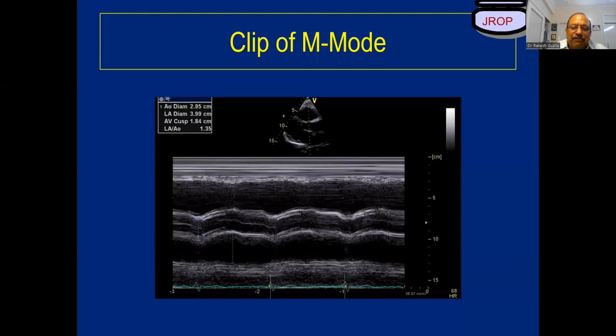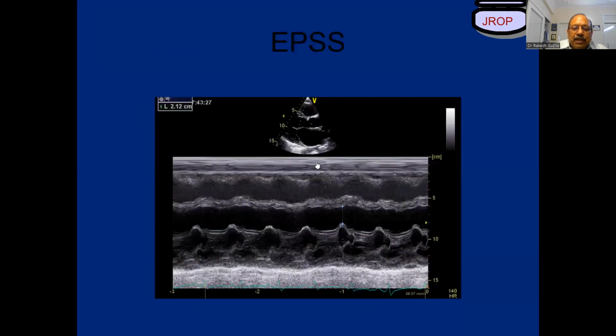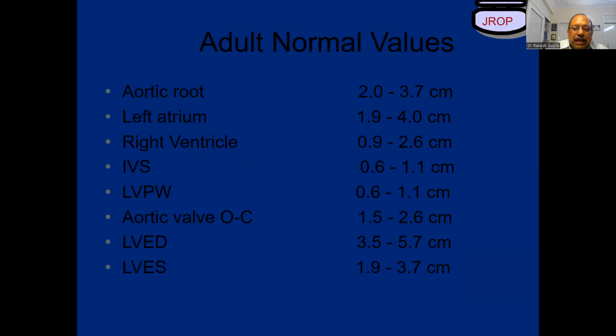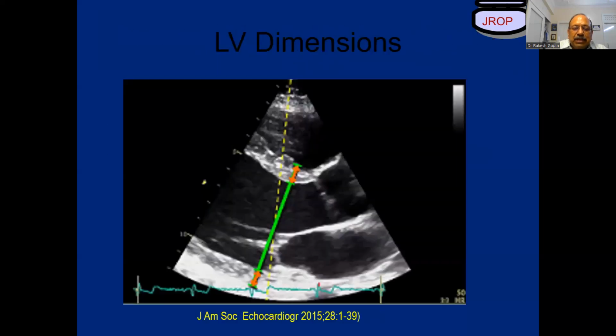Now in 2024, instead of measuring by M mode, many of us straightaway measure the dimensions through two dimensional echo. We go to the PLAX view and measure directly from trailing edge to leading edge and then divide by body surface area for this LA.